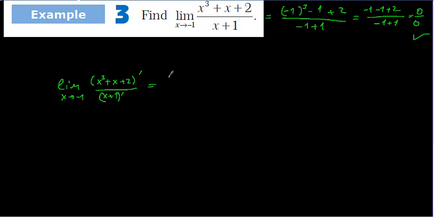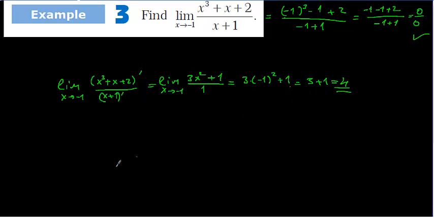And it's going to be equal to limit x tends to minus 1 of 3x squared plus 1 over 1, which is equal to 3 times (minus 1) squared plus 1. Over 1 it should be 3x squared plus 1, and the answer is going to be equal to 3 plus 1, which is equal to 4.